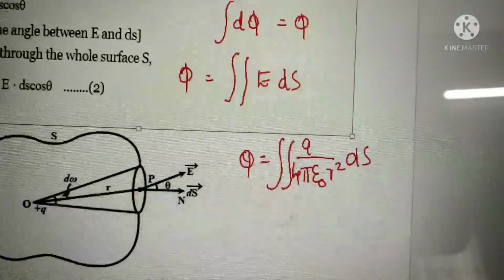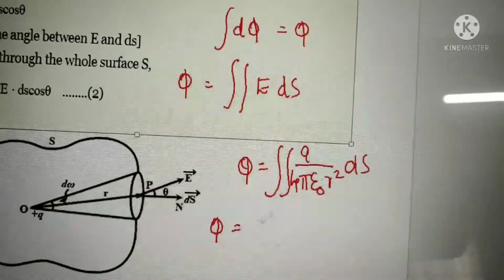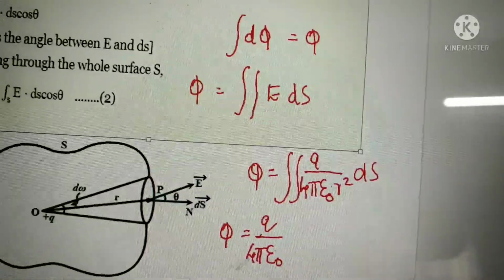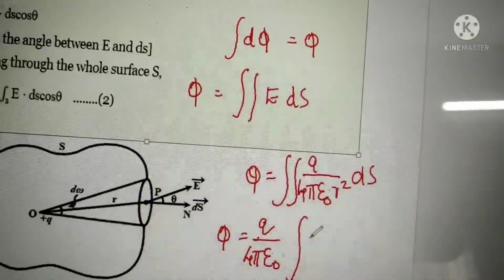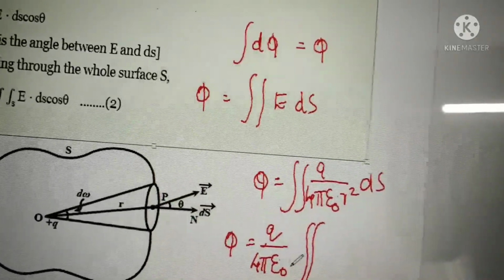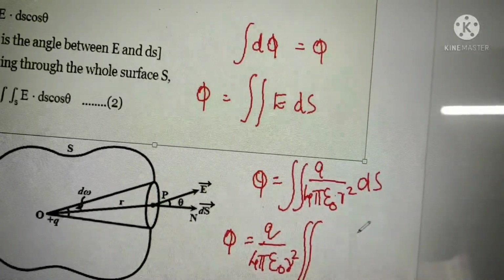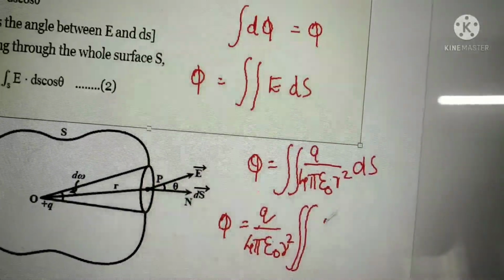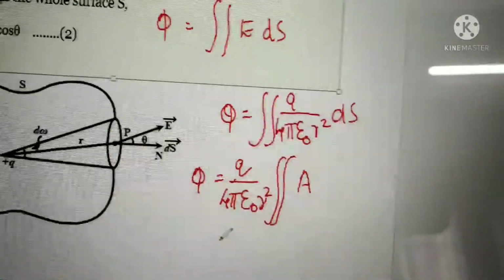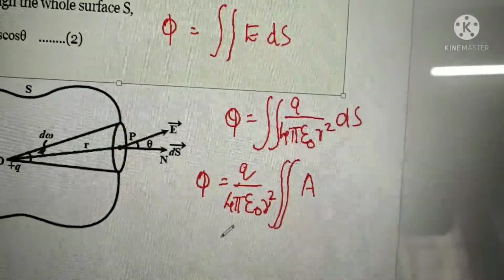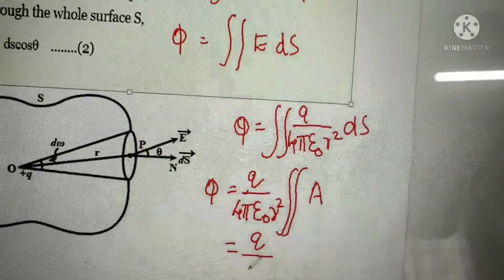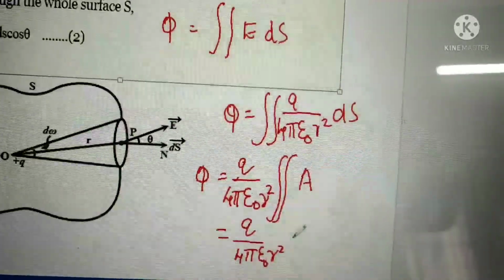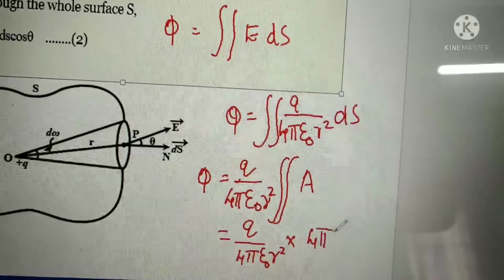Now, if we are considering this as a sphere, we know that q is a constant, 4 pi epsilon naught is a constant, and r squared is a constant, so they come out of the integral. Instead of ds, the whole integration of ds gives the area A. The surface area of a sphere is 4 pi r square, so phi is equal to q upon 4 pi epsilon naught r squared into 4 pi r square.